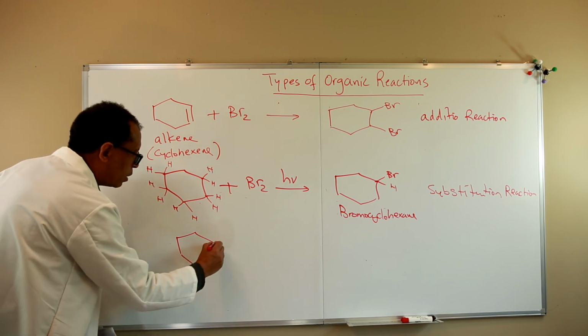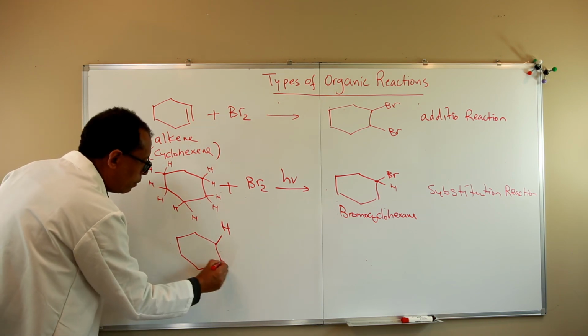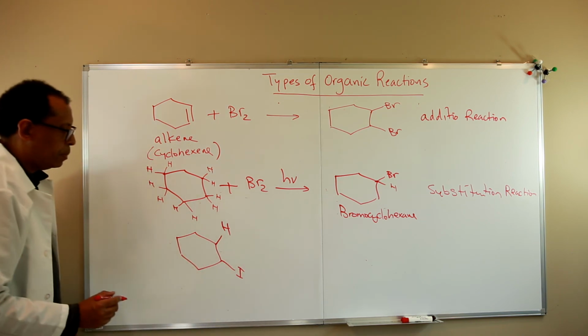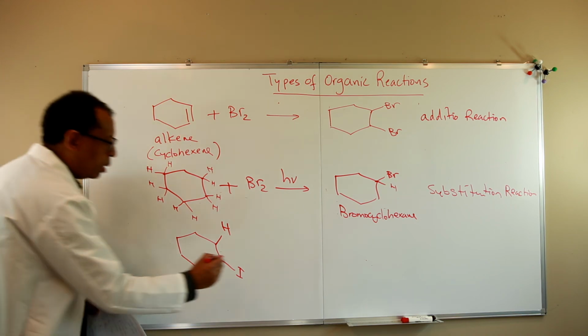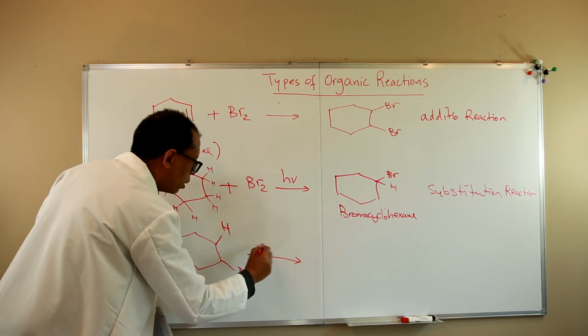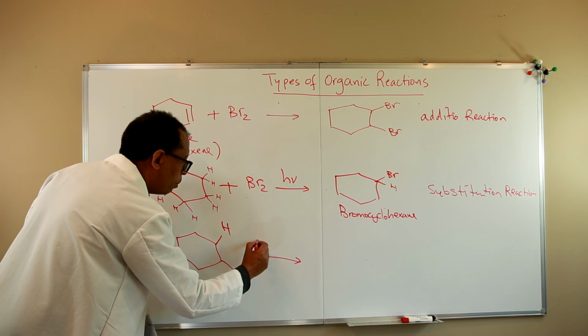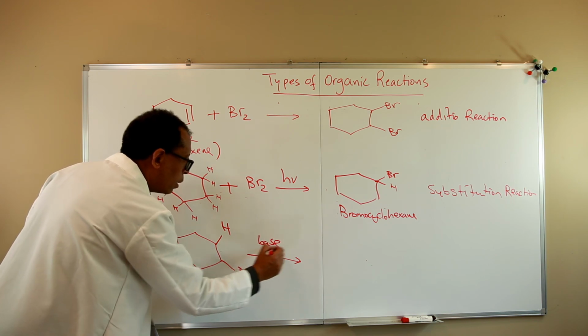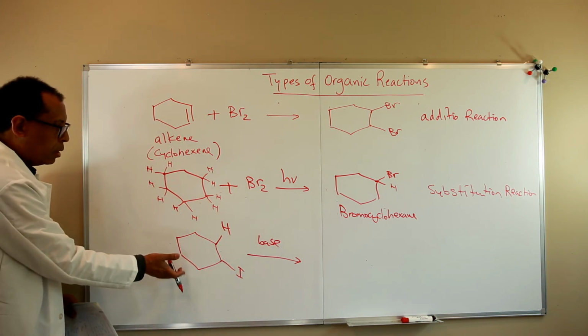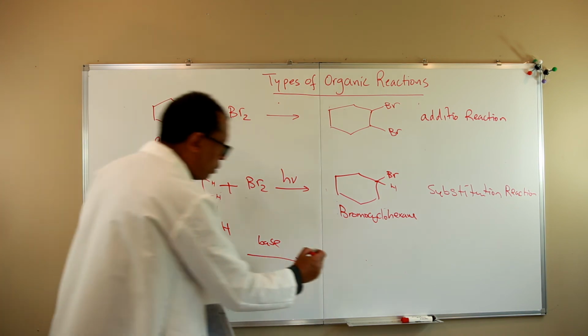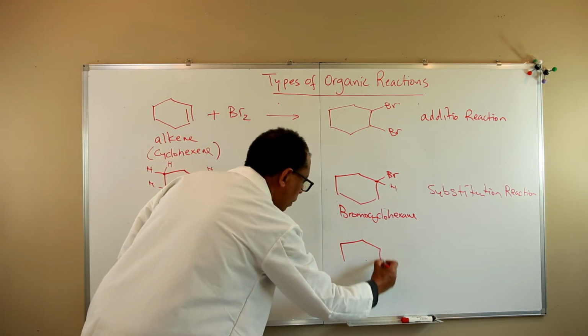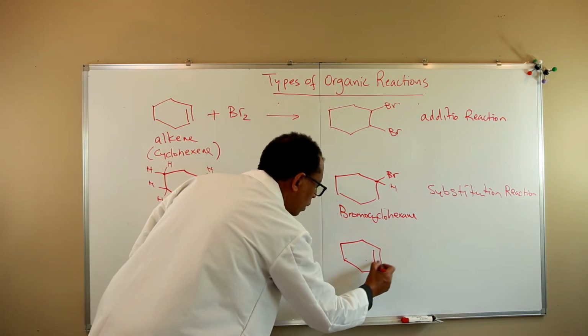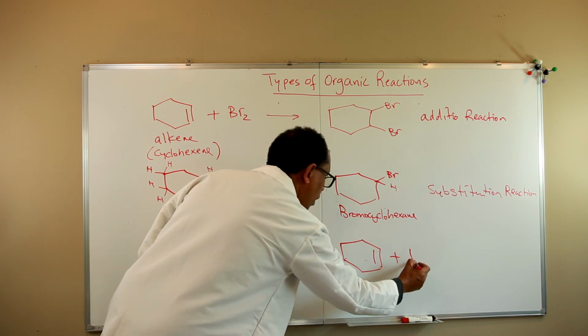If you have this, and if you have iodine here, then in the presence of a strong base, a reagent to effect this reaction, you could be forming this plus HI.